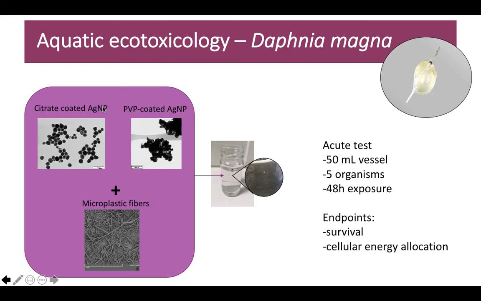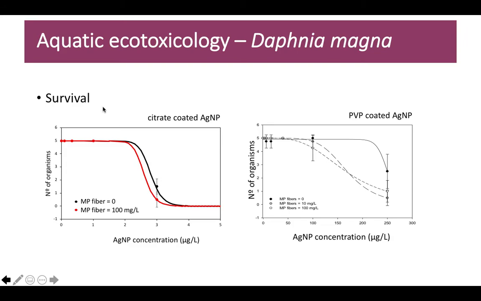We put 5 animals per jar, and after 48 hours we analyze their survival, and also in this case we analyze the cellular energy allocation. Here you can see the number of surviving animals with the concentration of the silver nanoparticles in the water.